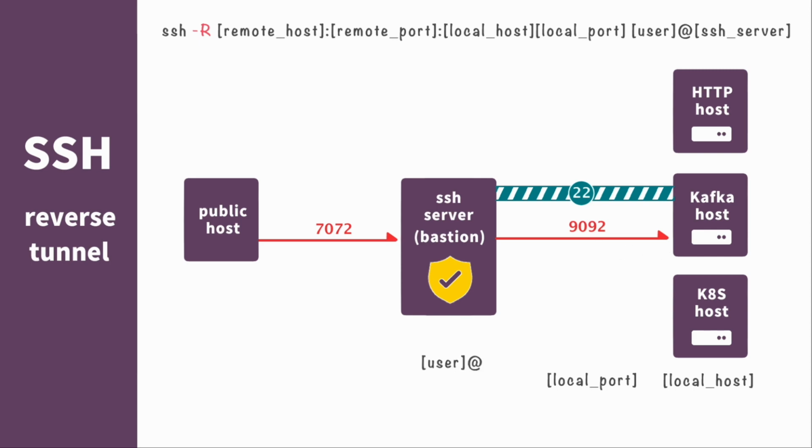Next, you need to specify what user you want to use to connect to your bastion server and what your SSH server IP or host name is. Then we can see the remote host refers to the public host, and the remote port refers to the port you want to open up for the public to use on your public host, which is 7072 here.